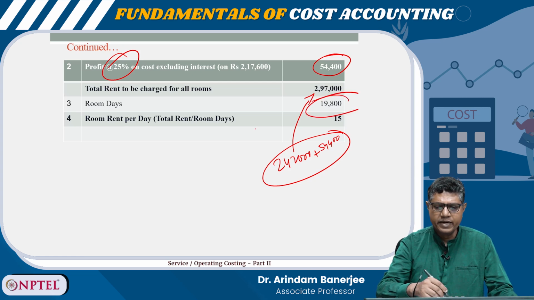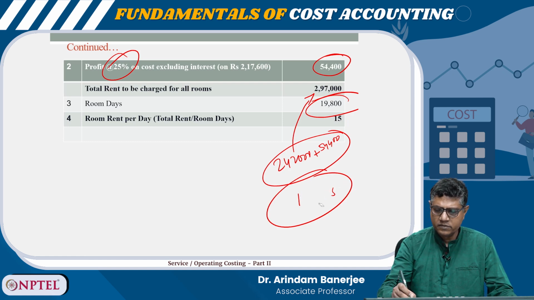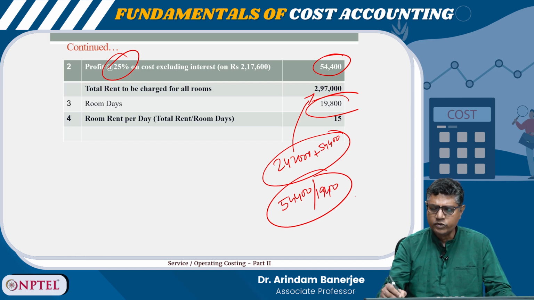So, the rent per room day is the total divided by the room days, right? I should get the answer.